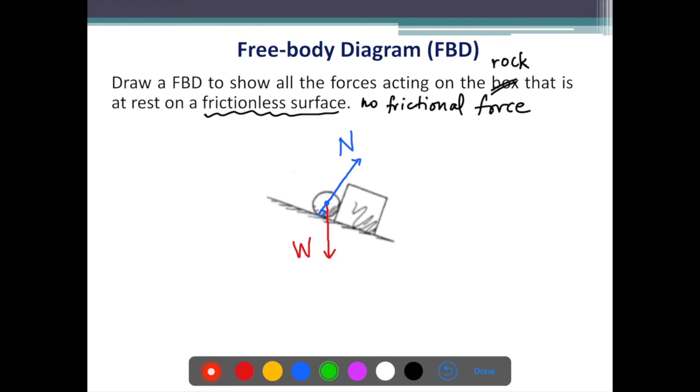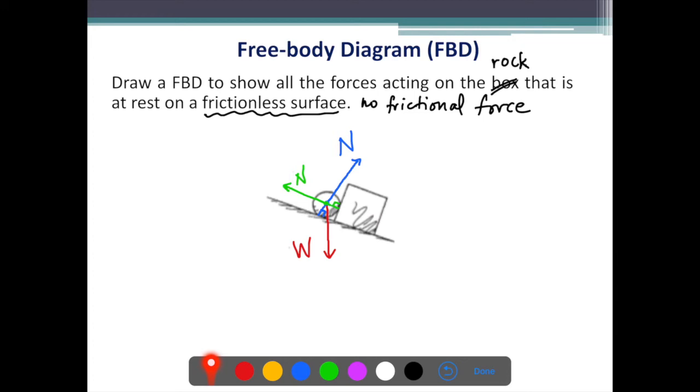The surface of support is the block. So we should draw here, okay, perpendicular. Okay, so your normal force would just start from the center of your object. Right. So this is the normal force exerted by the block.